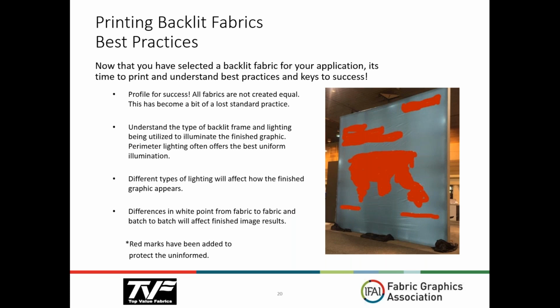You will sometimes see frames with LED lights that run through the middle, and when you do that, you're standing a lot better chance of seeing those hot spots right in the middle of the graphic. So again, we prefer a good quality backlit frame with perimeter lighting for the coated fabrics, because it will spread out the light and the illumination very evenly.